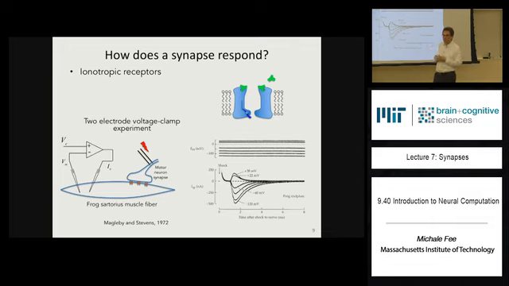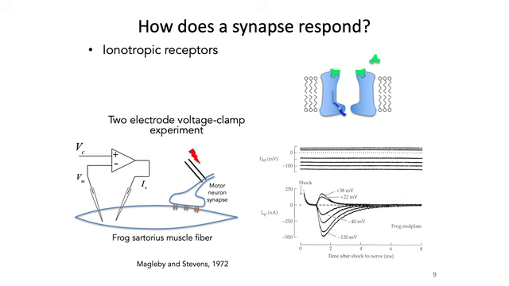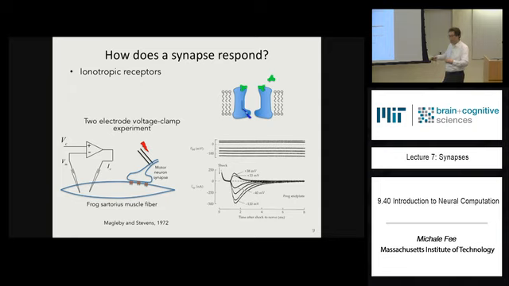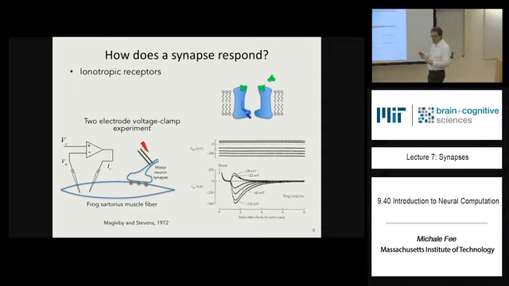That's why the voltage clamp is so important, because if you did this experiment without a voltage clamp, you would stimulate and the muscle would contract and rip the electrodes out of the muscle fiber. When you voltage clamp, it holds the cell at a constant potential so that the cell can't spike when the current flows in through the synapse. Yes?